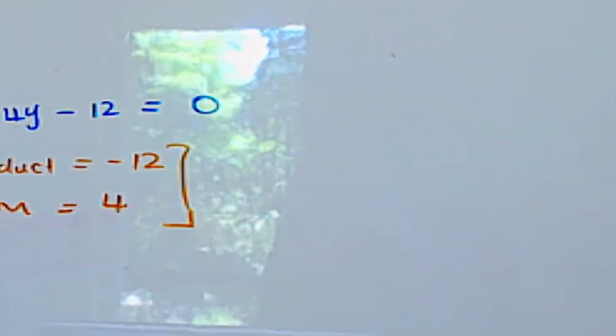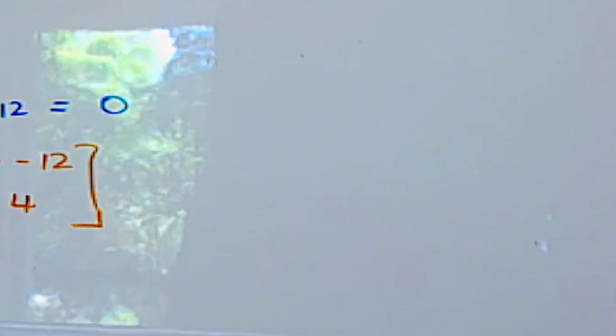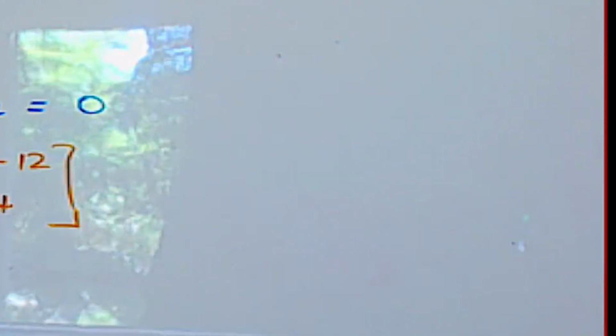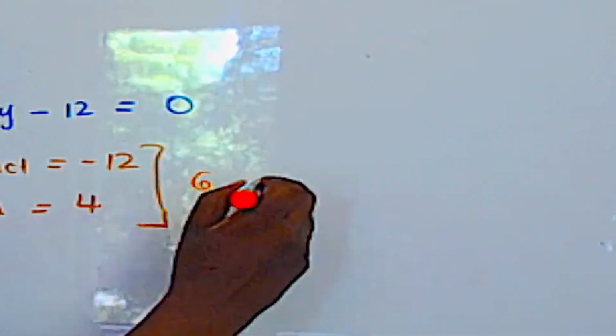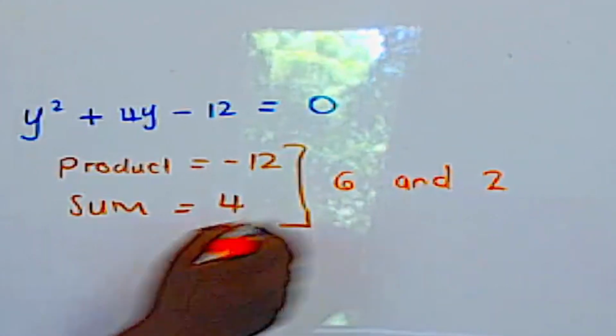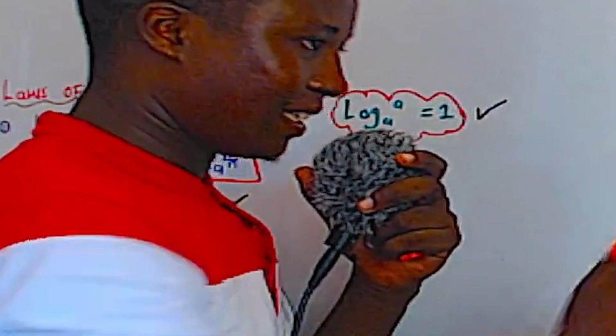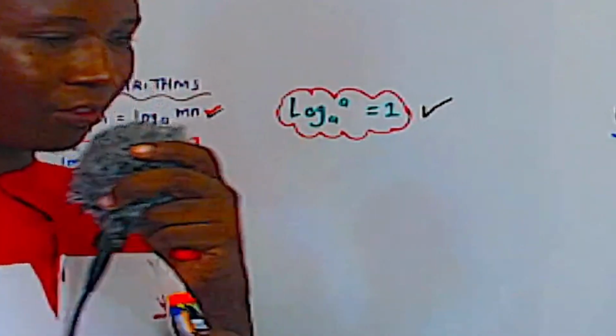If you multiply them, you get negative 12, but if you add them, you get 4. The two numbers are 6 and 2. So in that case, one has to be negative, so that if you add 6 plus negative 2, you are going to get positive 4.